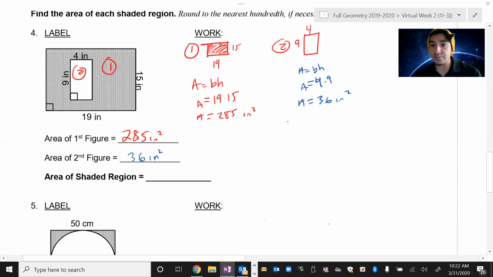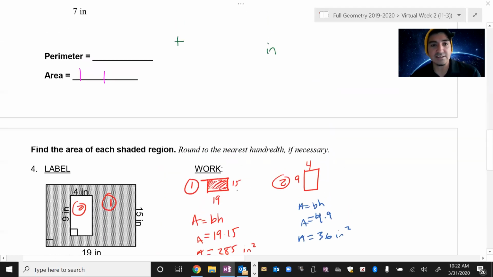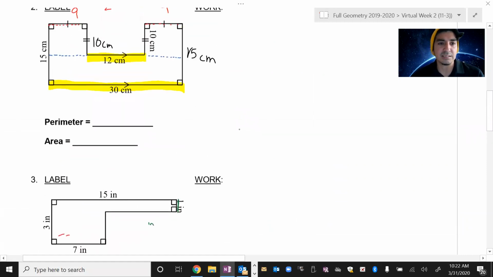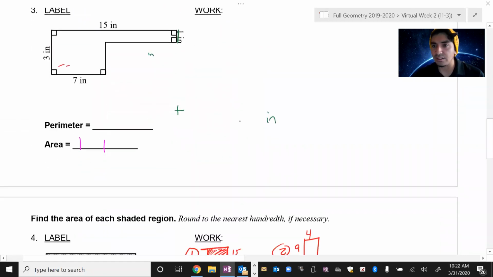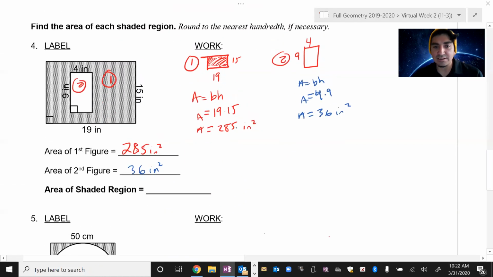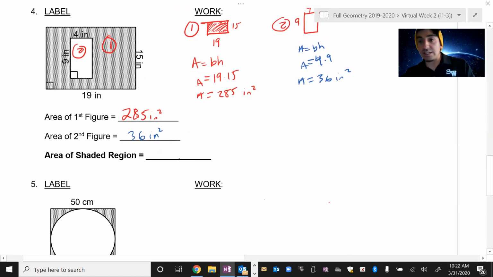But the thing that makes these different from the other ones is that the ones over here, you had to add them up and combine them and so forth. So the ones down here, you want to cut them so they won't be a part of each other. So I'm going to take this right here and cut it out from this shaded region.